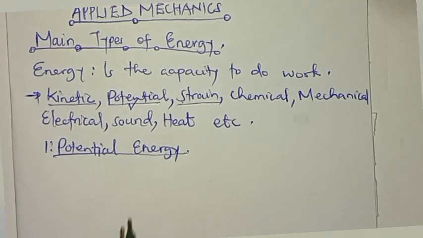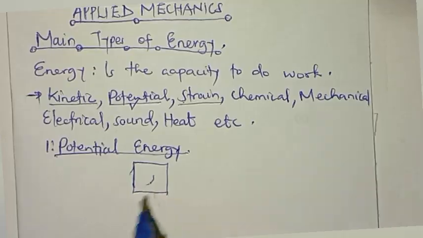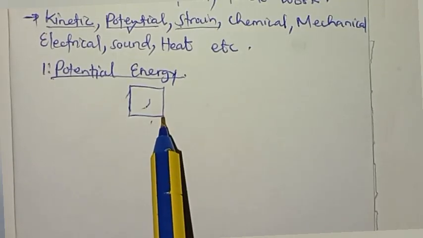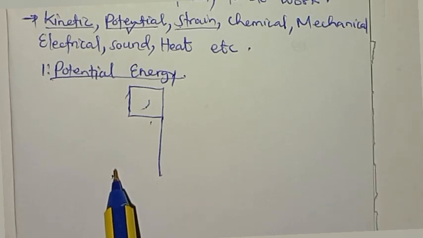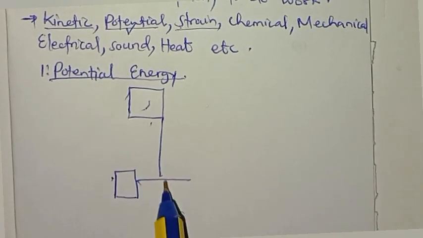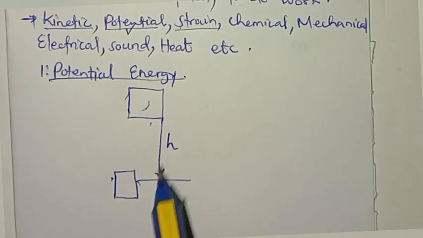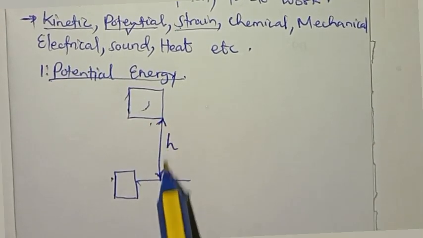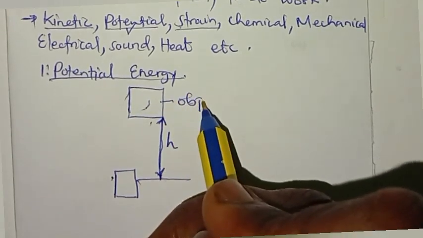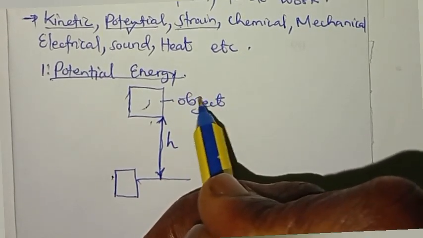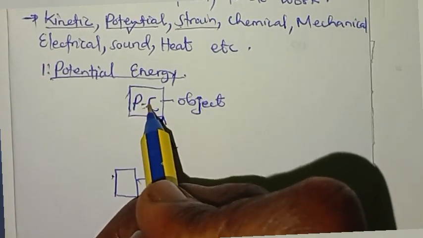Look here, we have this diagram. There is a height h of this distance, and when this object is at this position, here there is potential energy.